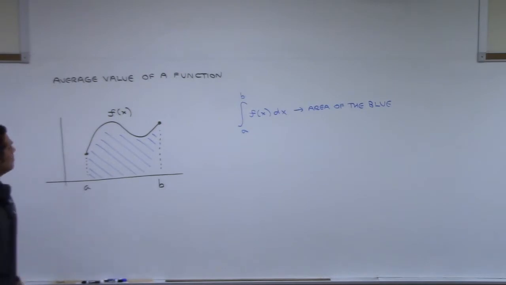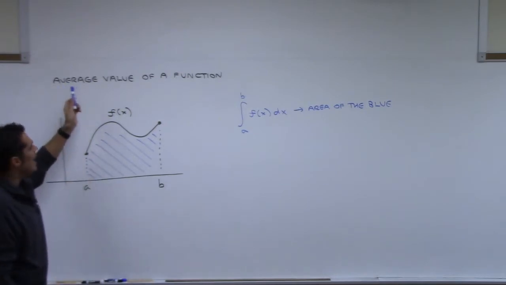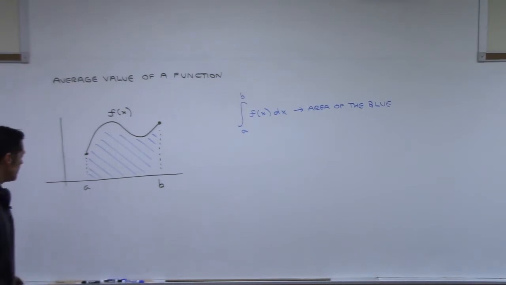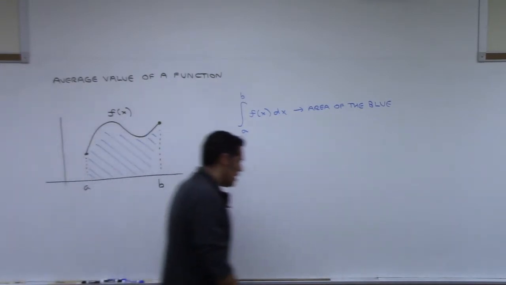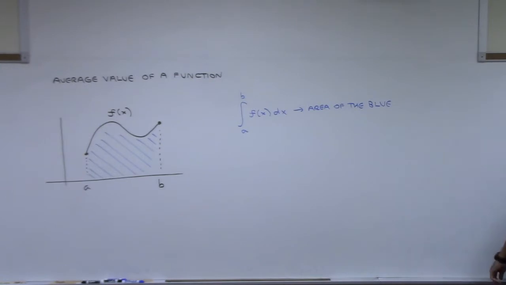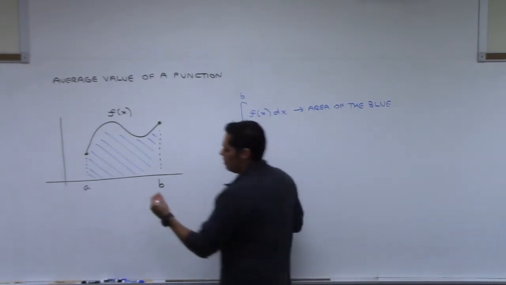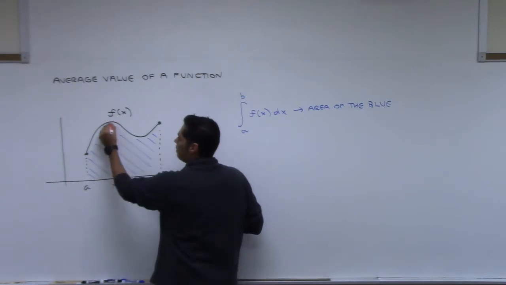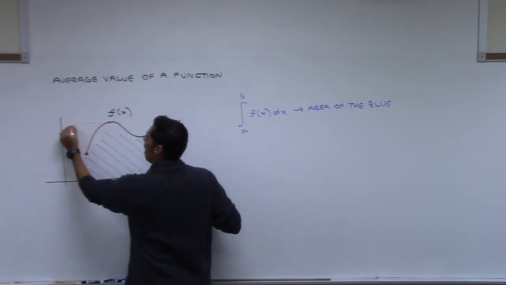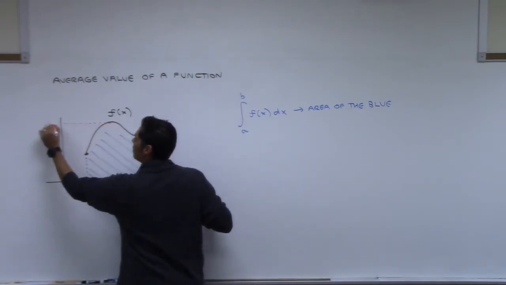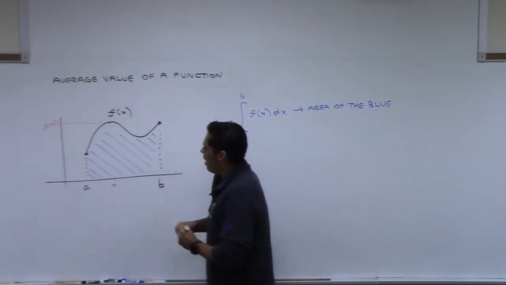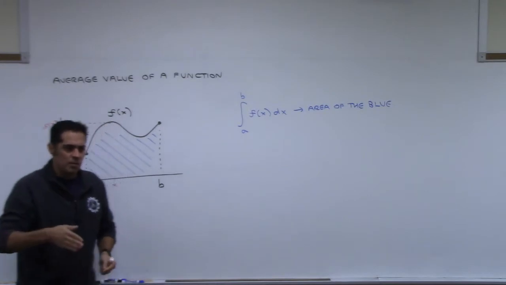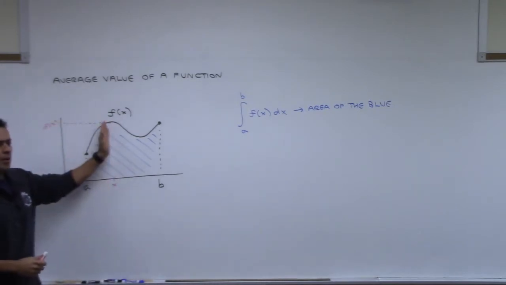So today we're going to talk about something called the average value of a function. So imagine if you could that I pick some value in here, let's say x. I plug that in, it gives me a point on the graph. This is f of x. Then the height of this point, how tall that point is, is the value of the function at that point.